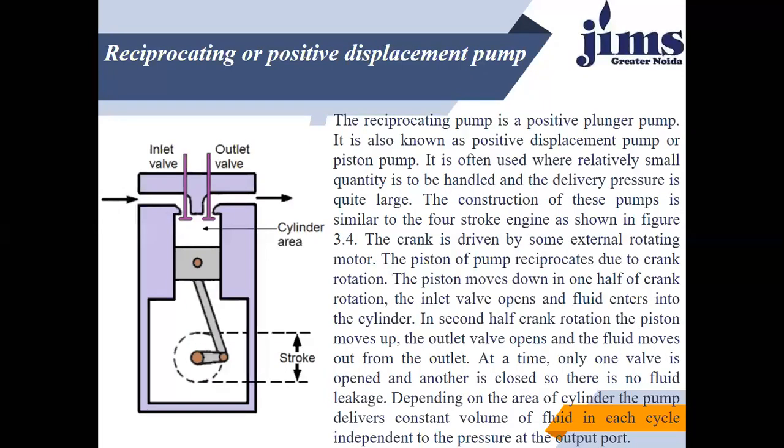And depending on the area of the cylinder, the pump delivers a constant volume of fluid in each cycle. So this is independent of the pressure of the output port. This is only associated with the area of the cylinder. The quantity of fluid discharged from the outlet depends only on the volume of the cylinder.